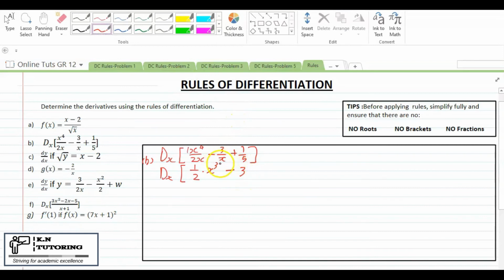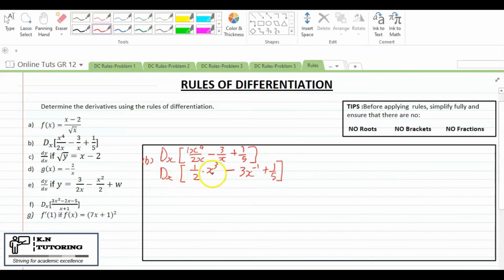Now I need to take this x up because I want to get rid of the fraction. So as you saw in the previous problem, this is the same as x to the exponent minus 1. And then 1 over 5 is 1 over 5, even though it's a fraction, it's just a constant, so that one we can leave.